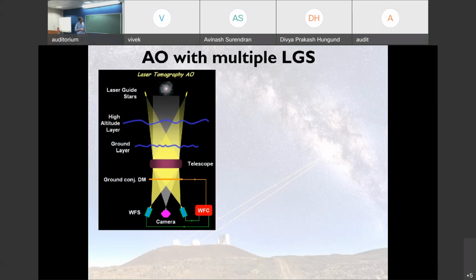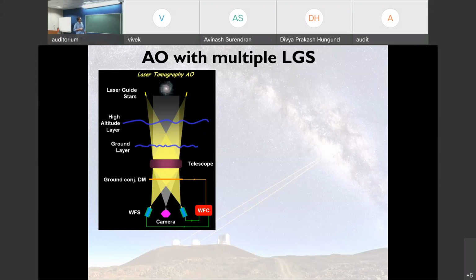So this is the next level of AO system at the Keck I telescope, and this is the concept which we are using called laser tomography AO system. So here, what you can see is, instead of shooting a laser directly at the science object, there are laser tomography systems which shoot lasers on axis also.